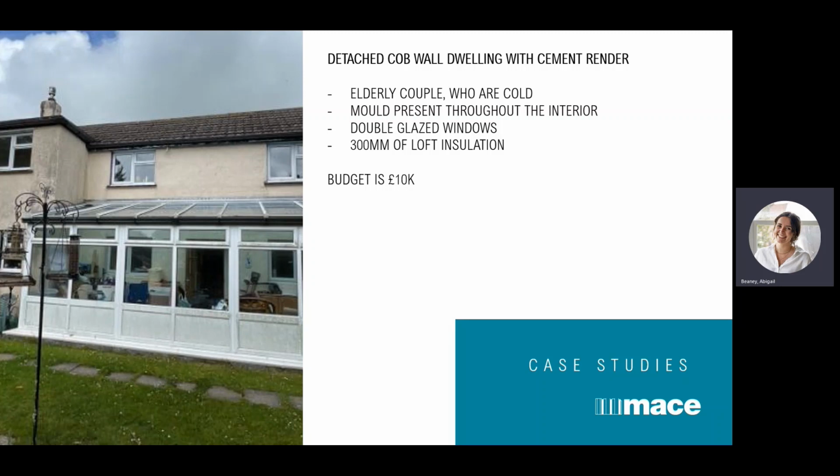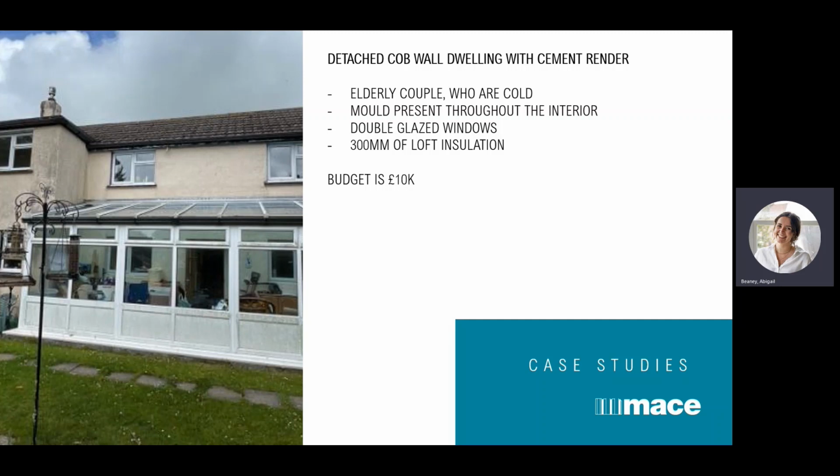So our first port of call with this would be to remove that cement render and try to let this building breathe and dry out again, so it goes back to being functional, and hopefully with an assessment of the ventilation that should help to deal with the mold throughout the interior.